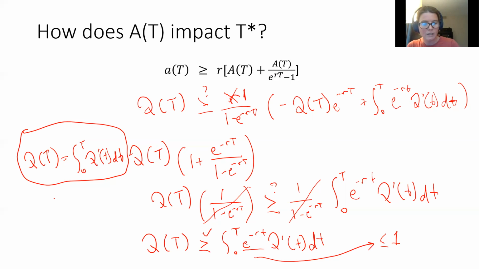So that means we know that our optimal rotation age has increased from the case where we don't include any amenity values at all. And we've shown that this holds no matter what level of carbon price we set, as long as it stays constant over time.